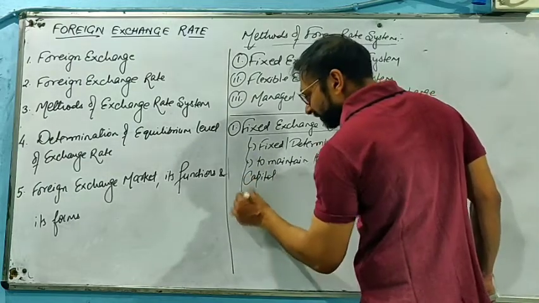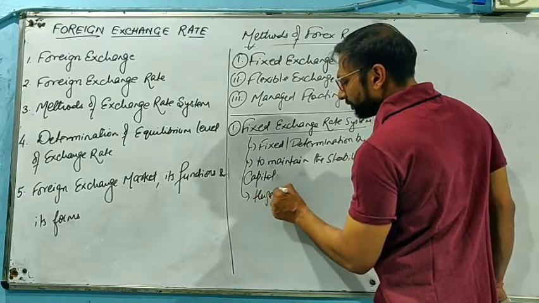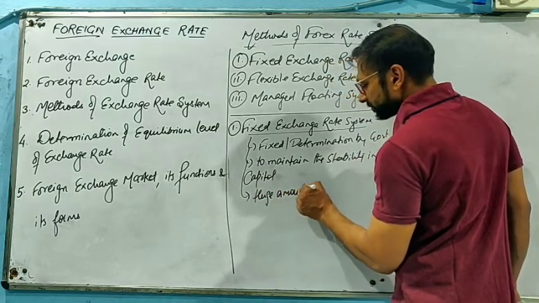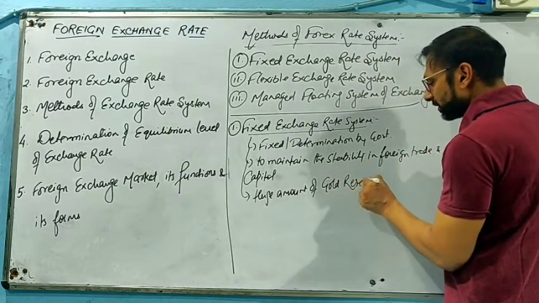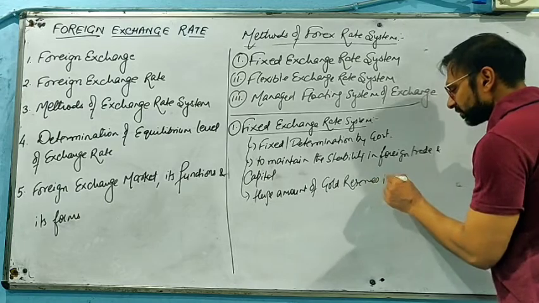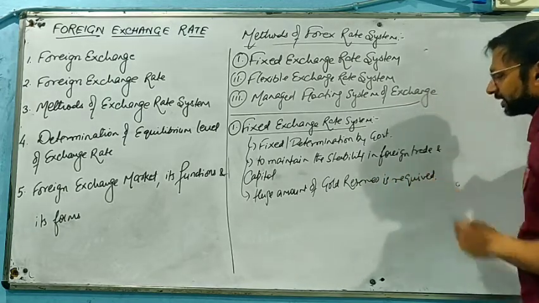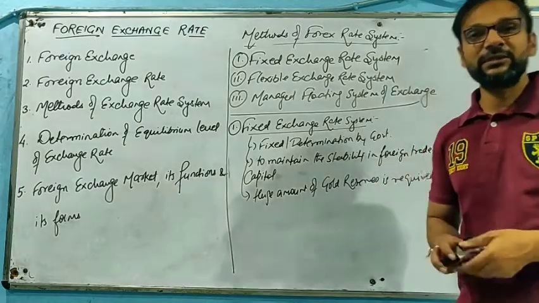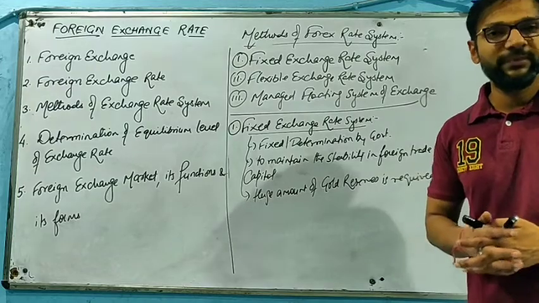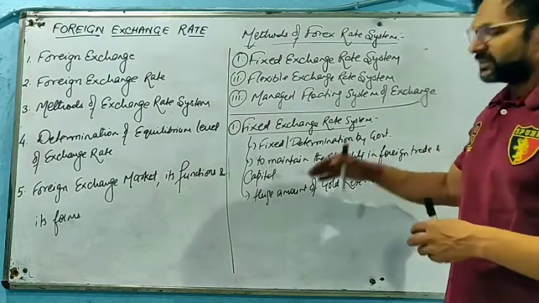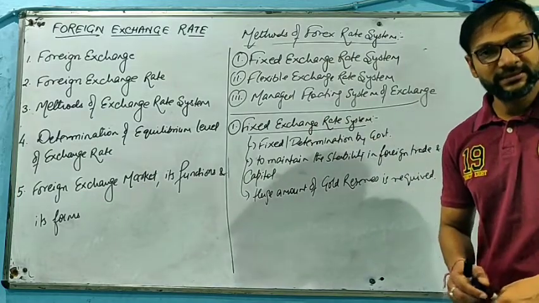For this, a huge amount of gold reserves is required to be maintained. It means the government requires a huge amount of reserves in terms of gold, right? That's why the fixed exchange system can be facilitated.